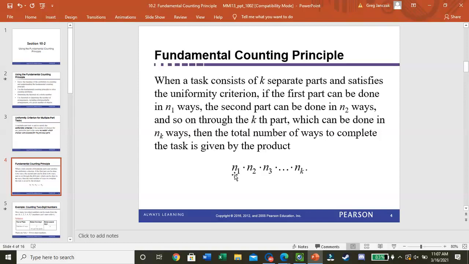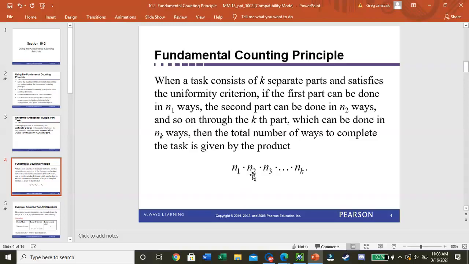The first letter would be task 1, the second letter task 2, the third letter task 3, and then the first number would be 4, and 5 and 6 and then 7 for the 4 numbers. So in each one of these, we look at the total number of possibilities.